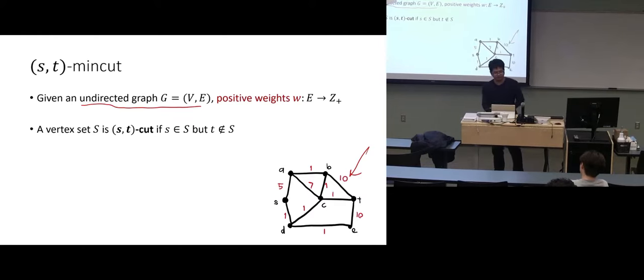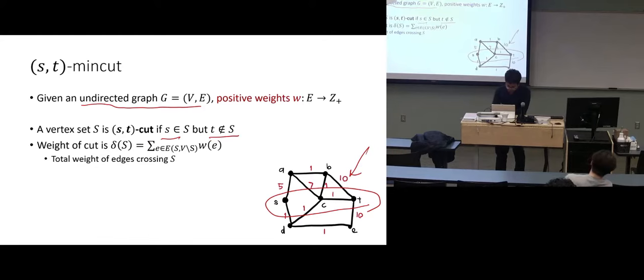Then I say that a set of vertices is an ST cut if it contains S and doesn't contain T. Well, this set is an ST cut. And this set is also an ST cut. Right? That's the simple definition.